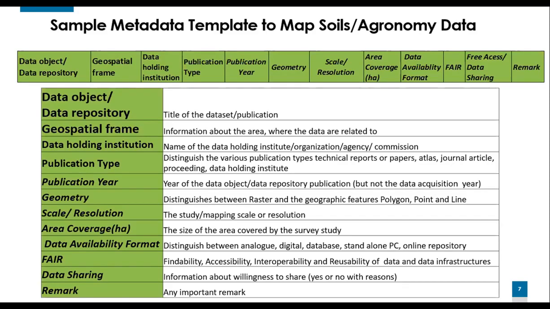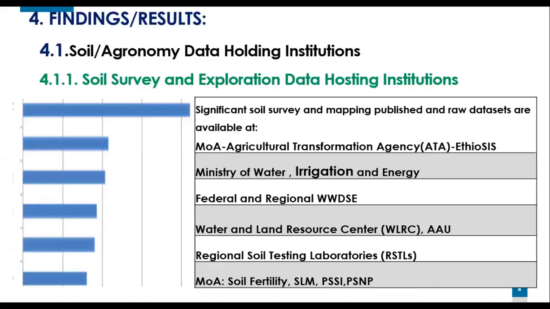And the data was also evaluated in terms of FAIR principles. And we have sharing status, whether institutions are willing to share data, if they are willing, under what conditions, and if they are not, what were those reasons. So those kinds of attributes or features are employed to characterize the data.